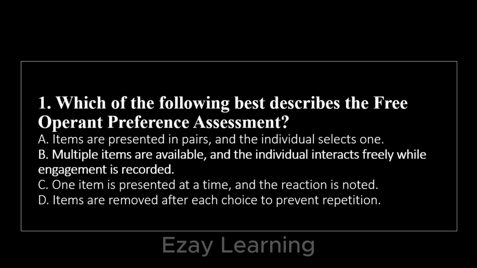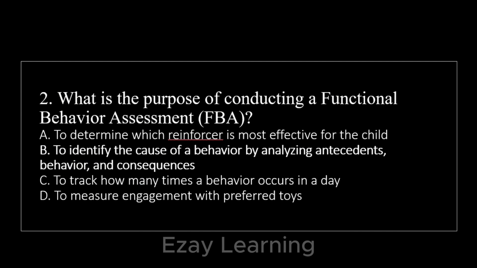Coming towards the MCQs. Which of the following best describes the free operant preference assessment? Multiple items are available and the individual interacts freely while engagement is recorded. What is the purpose of conducting a functional behavior assessment? To identify the cause of a behavior by analyzing antecedents, behavior, and consequences.